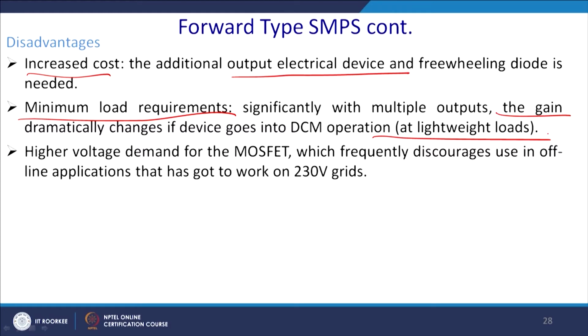Higher voltage demand for the MOSFET frequently discourages its use in line applications that have to work on 230 volt grids. So, these are a few things we have to keep in mind.